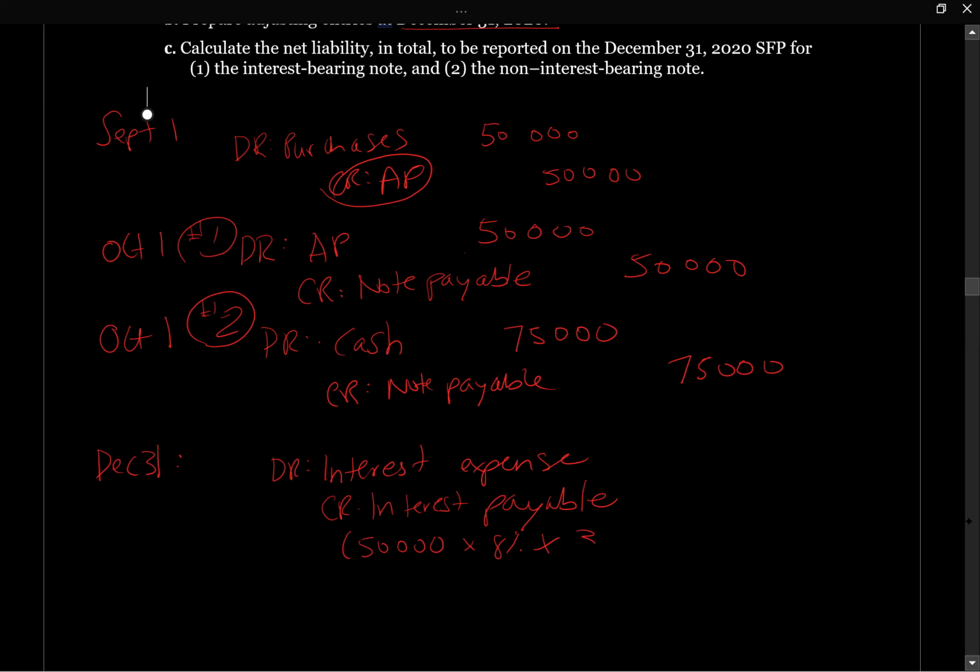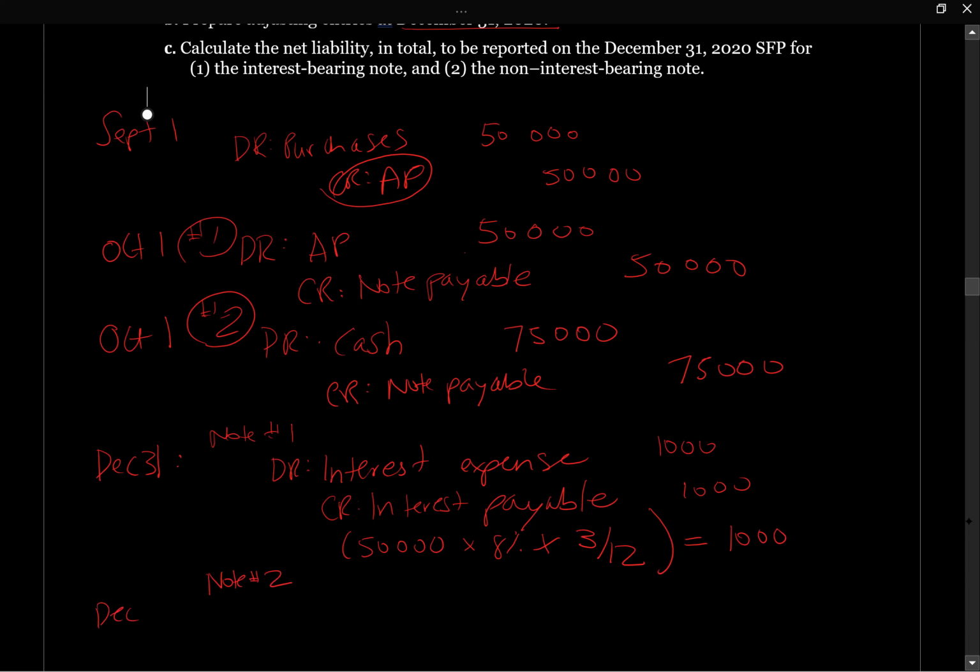So it's been 3 months out of 12. And that is going to give us $1,000 of interest that we have due here. So this is going to be our note number 1.